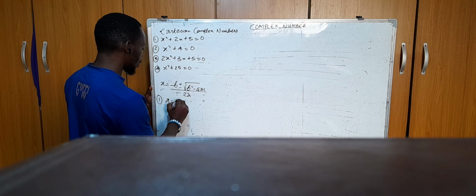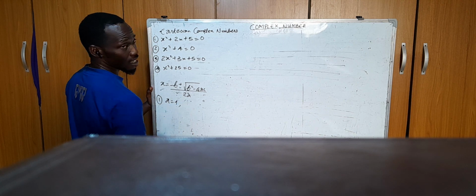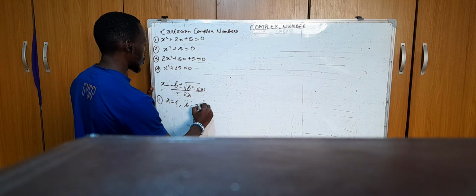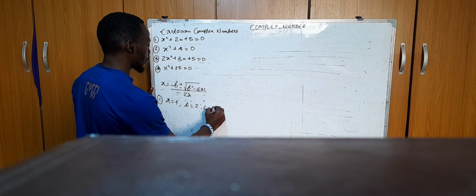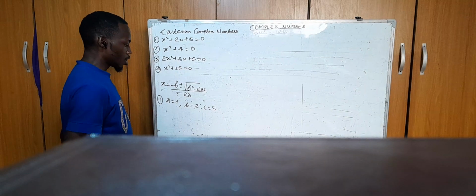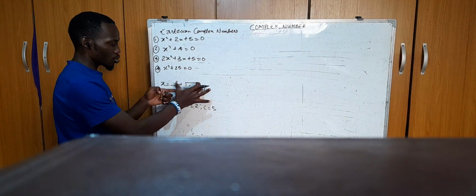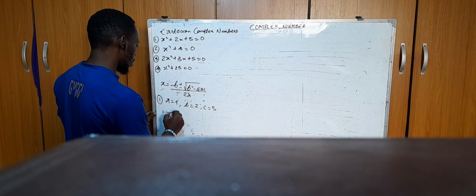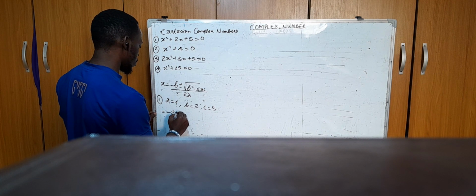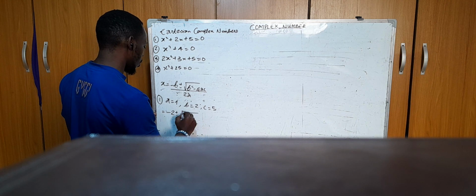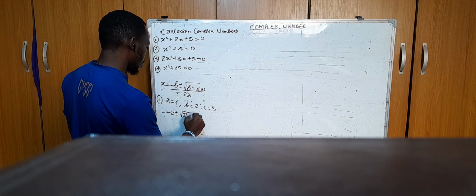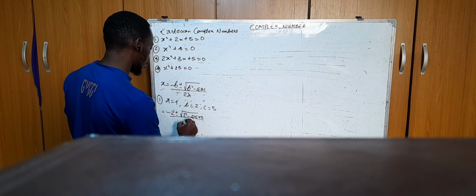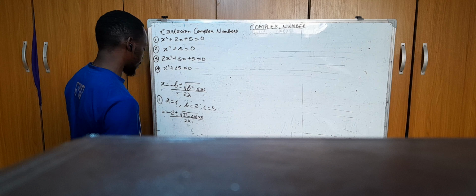A in question one is 1. That's the coefficient. B is 2 and C is 5, which is the constant. Now substituting this value into this equation, it will be minus 2 plus or minus square root of 2 squared minus 4 times 1 times 5 over 2 times 1.